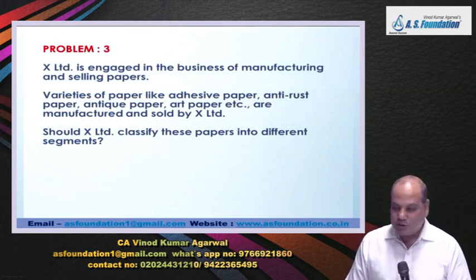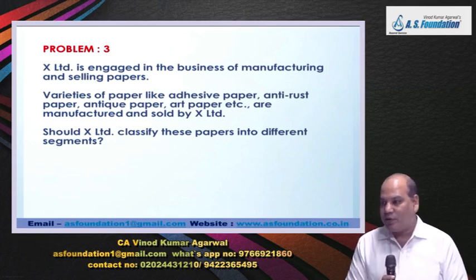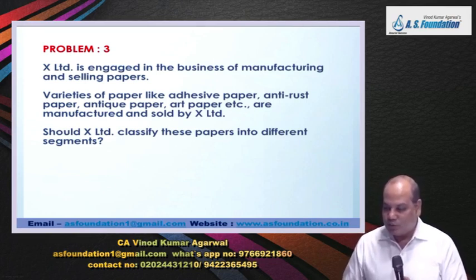Now one small question. Number 3, X Limited is engaged in business of manufacturing and selling products. Varieties of paper like adhesive paper, anti-rust paper, antique paper, art paper, etc. are manufactured and sold by X Limited.